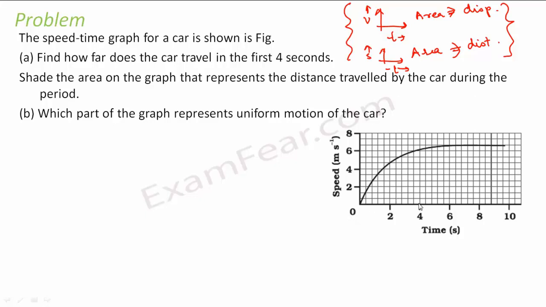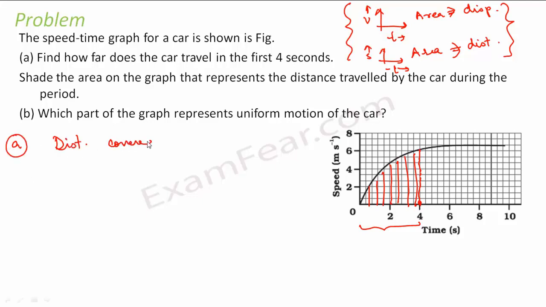First 4 seconds would mean till here. So that means the area under the curve up to first 4 seconds. So this would be the area under the curve for the first 4 seconds. These are my first 4 seconds. So this is my shaded area. The area of this shaded region would be the distance covered.